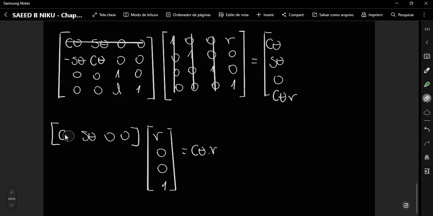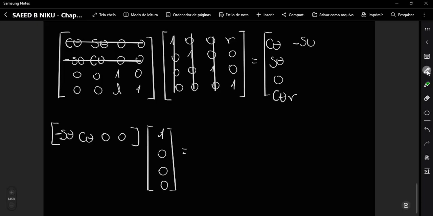And now we will change the line. Minus sine of theta, cosine of theta, 0, 0, 1, 0, 0, 0. And that is minus sine of theta.